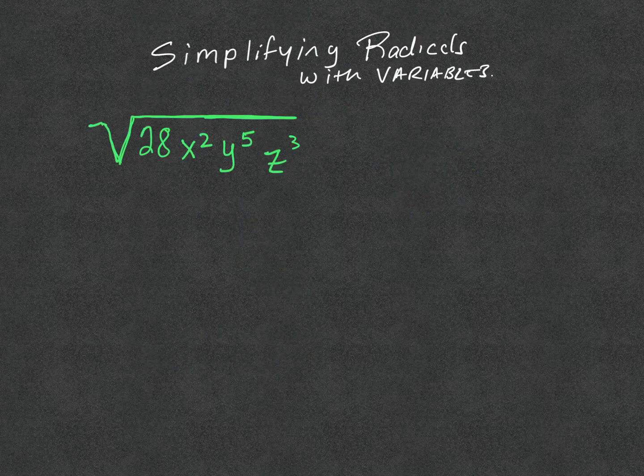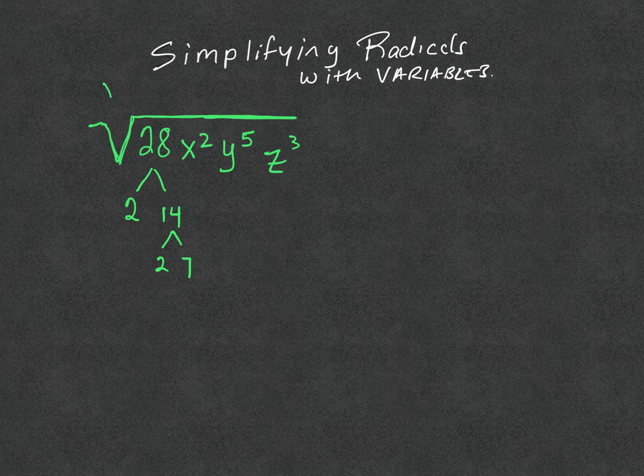In this example, we're going to simplify the square root of 28x squared, y to the fifth, and z to the third power. If we have a number like that in the radical, then we're going to do our factor tree. So we have 2 times 14, because 2 times 14 is 28. 14 is 2 times 7.